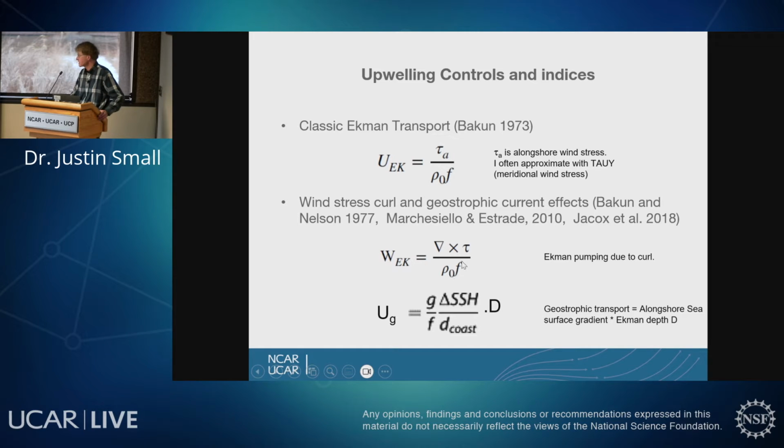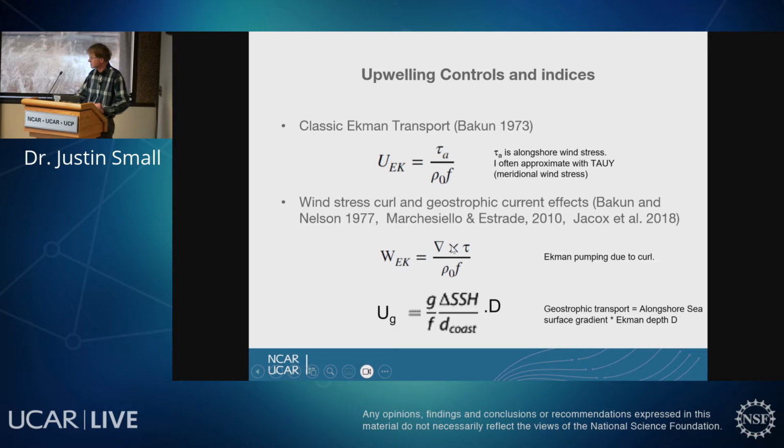So this is another important factor. This is the vertical motion near the top in the upper ocean layer. And then another factor is geostrophic transport, and this was not really recognized early on, including by myself. I thought more typically in terms of these wind stress measures.